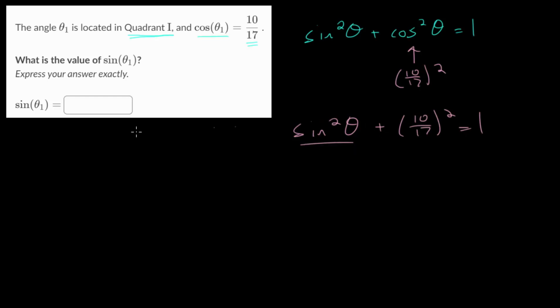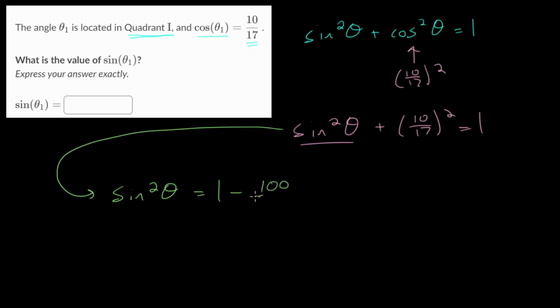And we'll need to solve for the sine function since that is what we're trying to compute. So let's subtract this fraction squared, move it to the other side. We get the sine of theta squared is 1 minus this fraction, but let's actually square everything out. 10 squared is 100, and 17 squared is 289. And before we take a square root of everything, let's combine this into one fraction.